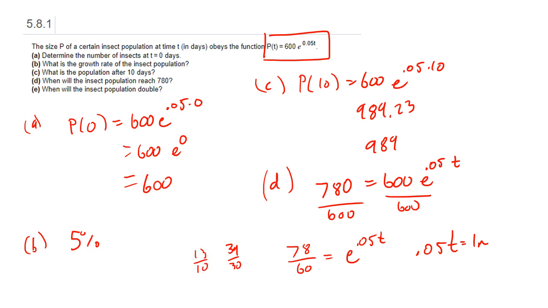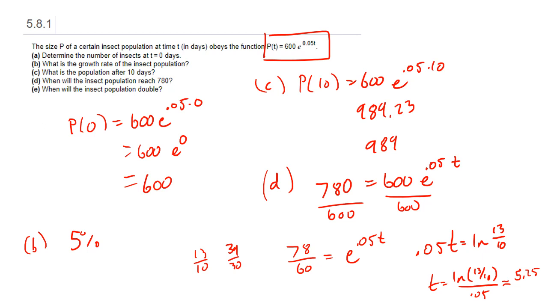So 0.05t is the natural log of 13 over 10, and then I just have to divide by 0.05. And quickly computing this, we get 5.25, so 5¼ days. Okay, since this is not measuring insects but days, I'm perfectly fine rounding to 2 decimal points here.